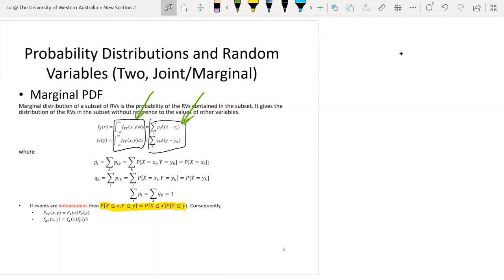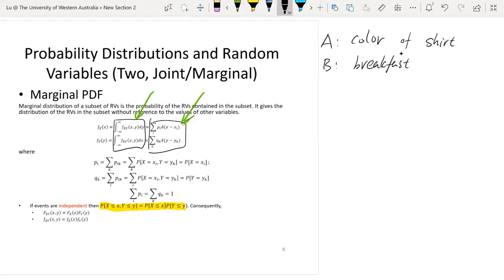Maybe we can use a simple analogy to help you understand this. Say we have 2 events, not random variables, okay? Just events. Event A is the color of my shirt on one day, maybe today, whatever. Event B is what you ate for breakfast.